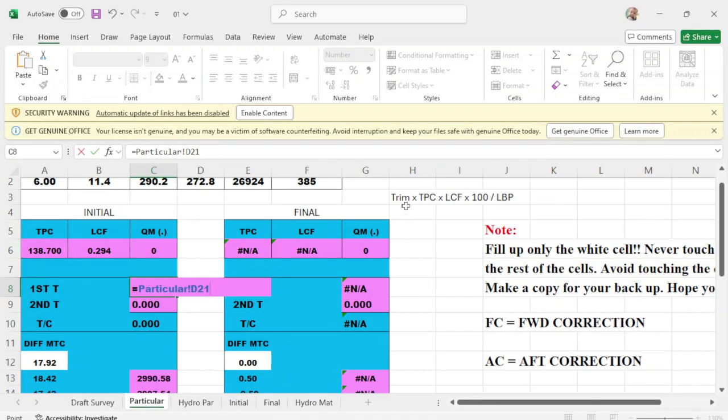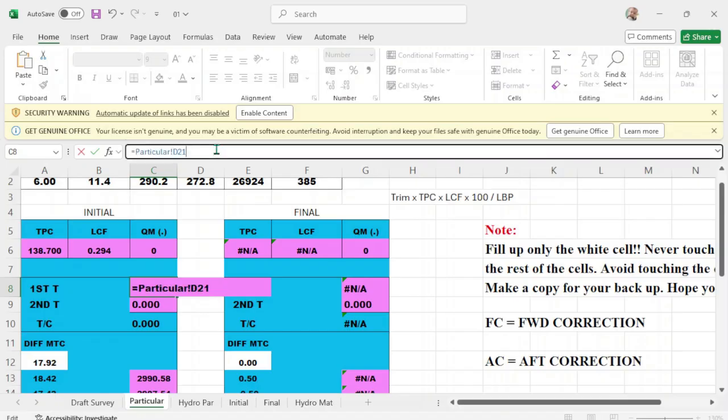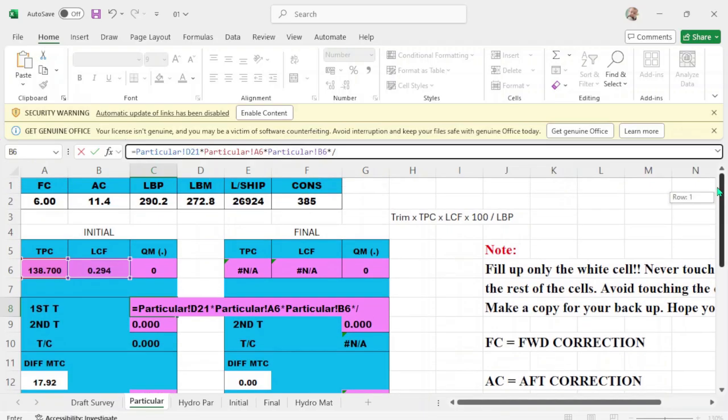TPC. So you times your TPC, which is this one, times LCF, which is LCF. Okay, now you have your LCF times 100 over LBP. LBP is this one. Click, then you press enter.